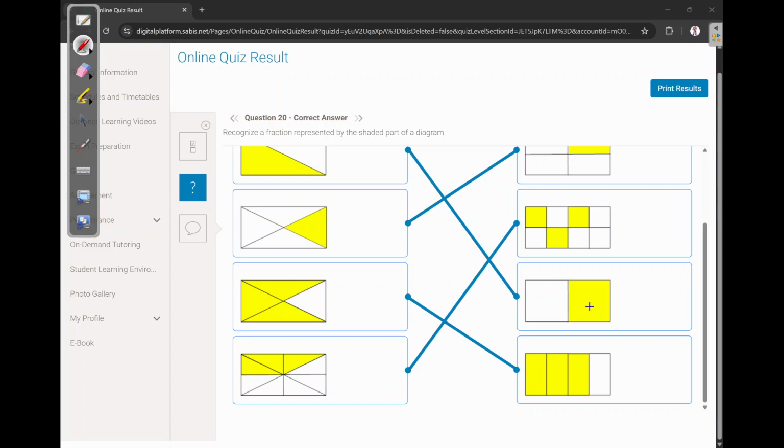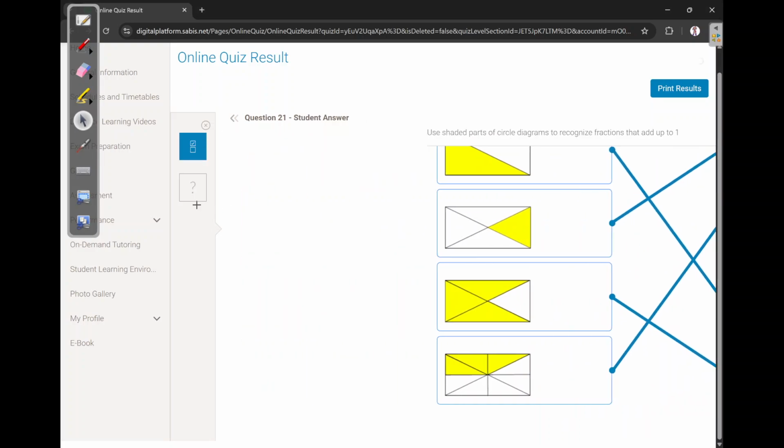1 over 2 is already done. Now we need 3 over 4. This one is 1 over 2, 1 over 4, and 3 over 4. So this one is correct. Question 21.